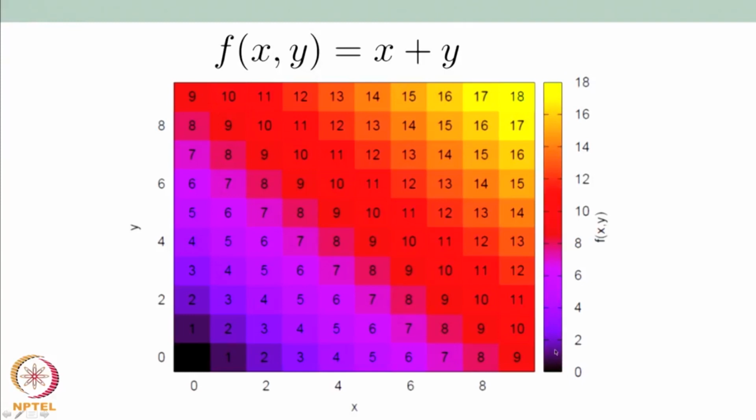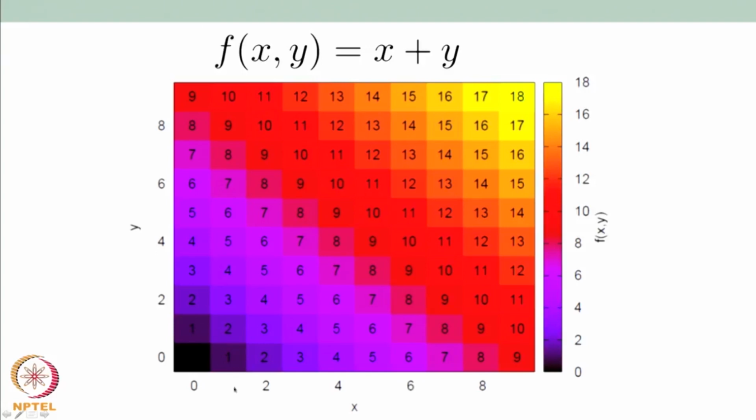So this color code here represents that the black is for very small values. So the blackish here means 0 or very small value. So this is 0. Then if I have x is 1 and y is 0, this is 1. This is also 1. So for 1 it is slightly violetish, a black and violet combination.